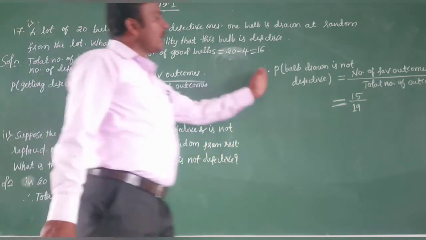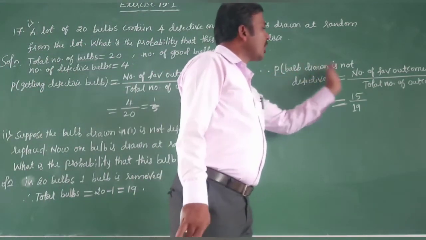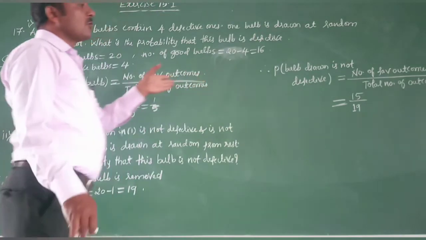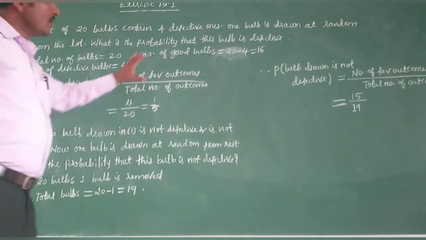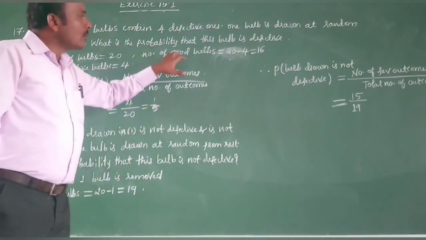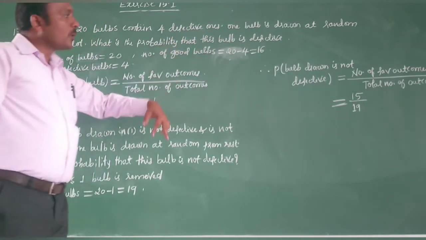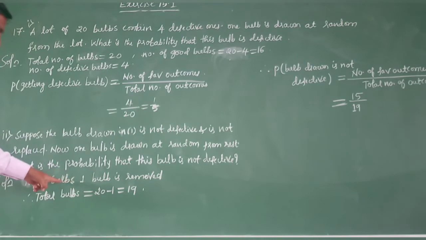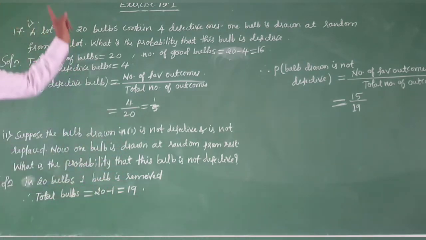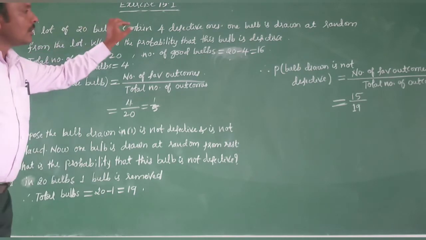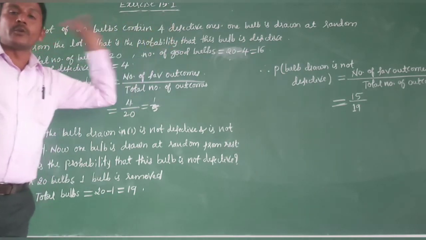Therefore, the probability of the bulb drawn being not defective is the number of favorable outcomes divided by the total number of outcomes. Number of good bulbs is 16, and one we have to remove because one bulb has been removed. In the total number of bulbs, one is removed, and in the number of good bulbs also one is removed.